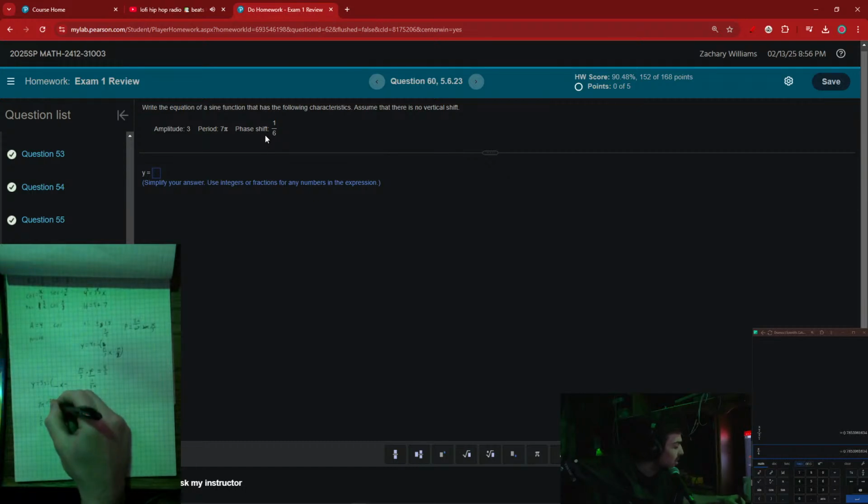So 7 pi divided by what equals 2 pi. Is it 14?